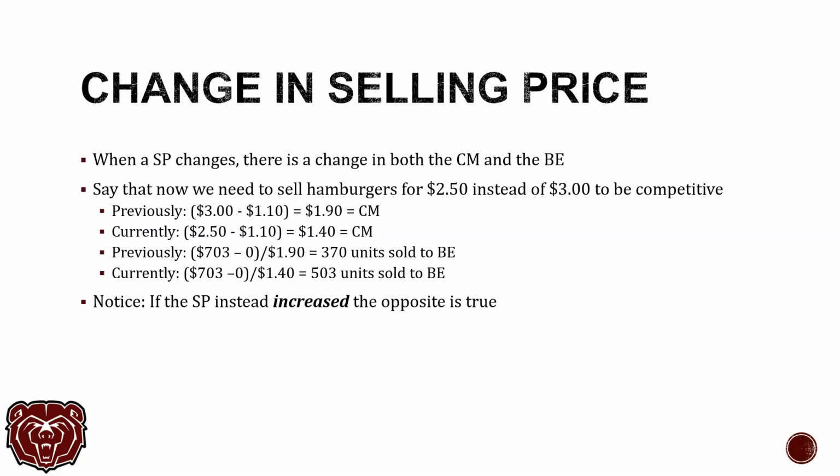So if instead we increase the selling price, just make a note that the opposite is true, right? If instead we raise this to $3.50 per hamburger, our contribution margin rises as well. It would be $2.40. So just know that depending on if the change is an increase or a decrease, it'll have a different impact on the relationships.